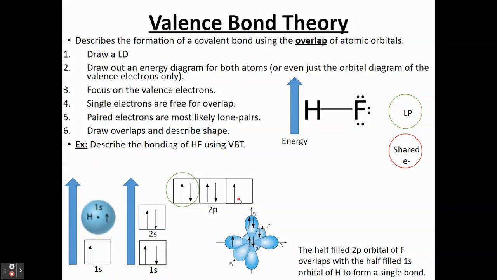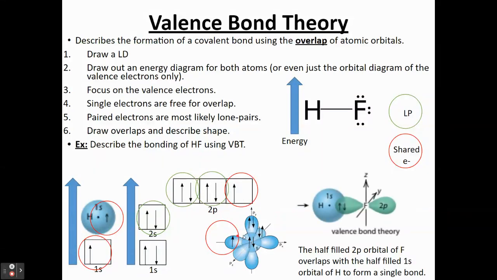And so let's go take a look at what the different parts represent. So the red that I circled here will represent the single electron that's waiting to bond with the electron from hydrogen. And then all the green areas that are circled, what you'll notice is those green areas actually correspond to the number of lone pairs that you see on fluorine.